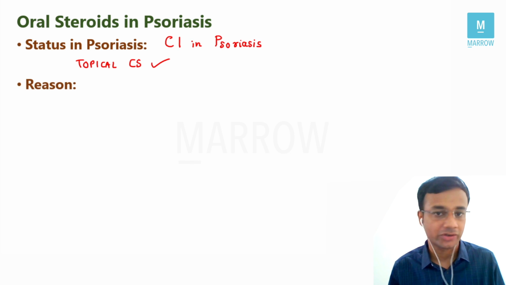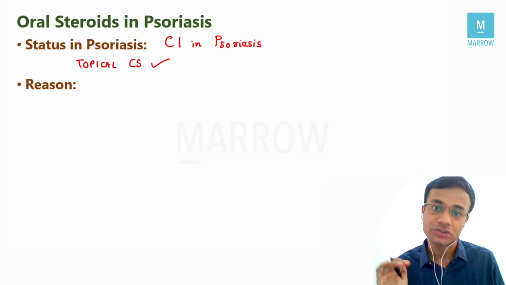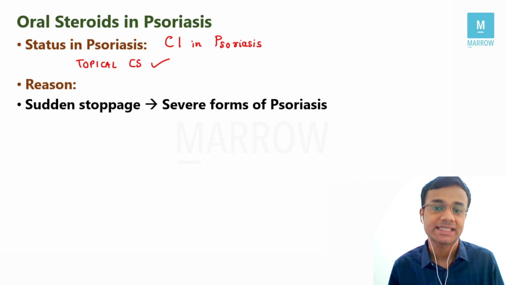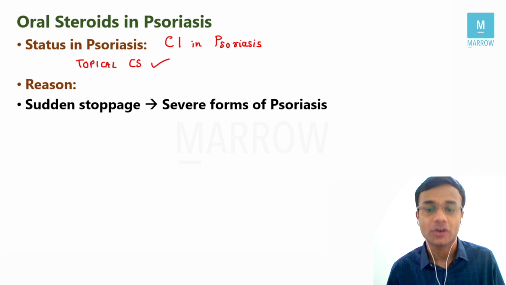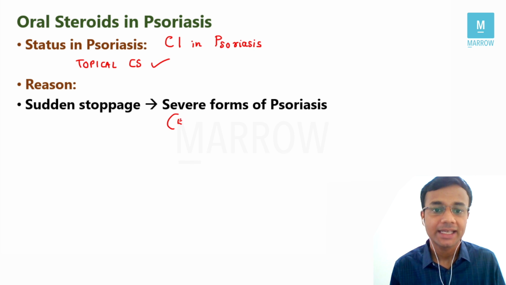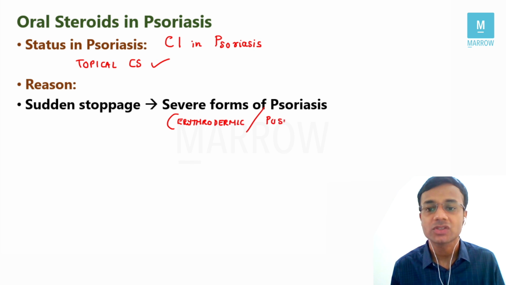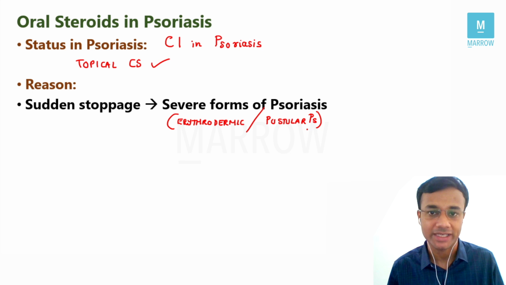Why are oral steroids contraindicated? Because when you stop oral steroids in psoriasis, it can trigger more severe forms of psoriasis like erythrodermic psoriasis and pustular psoriasis.